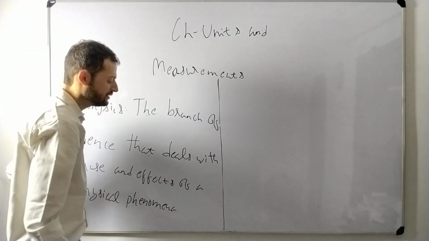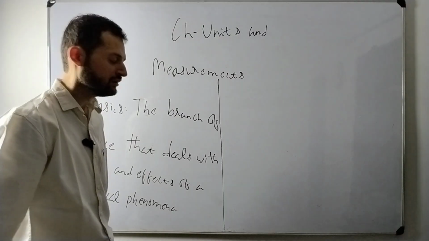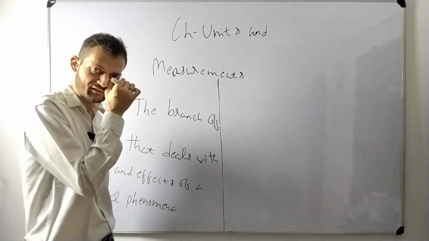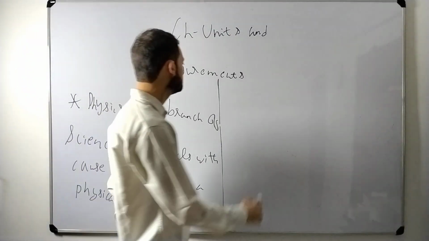So you might be wondering, sir, what is a physical phenomenon? My giving you a lecture is a physical phenomenon. Birds chirping outside is a physical phenomenon. So these are basic physical phenomena.